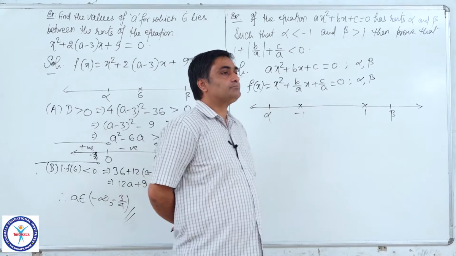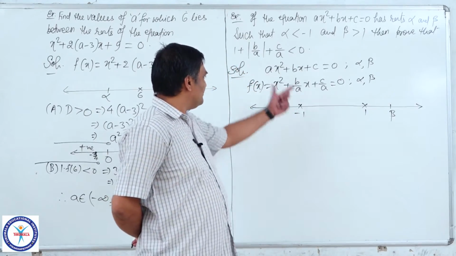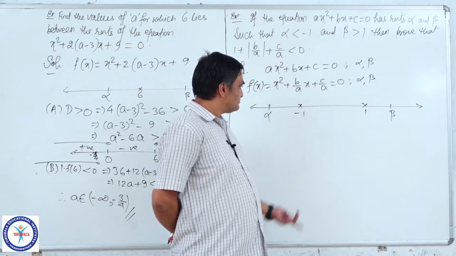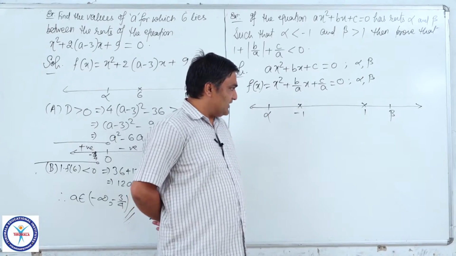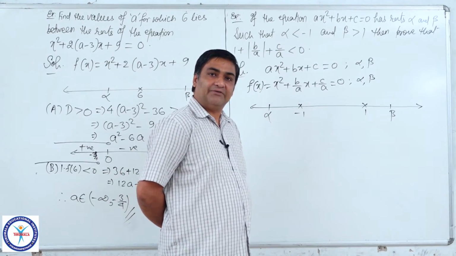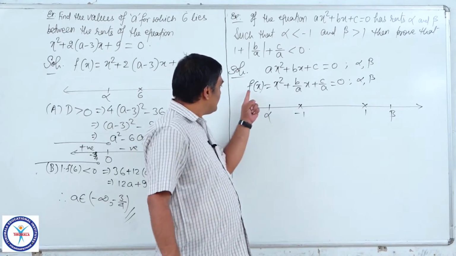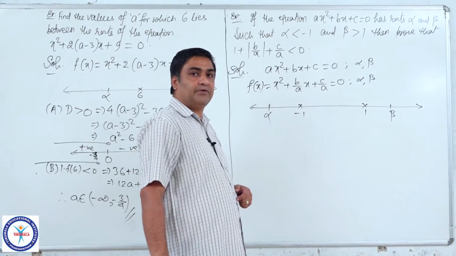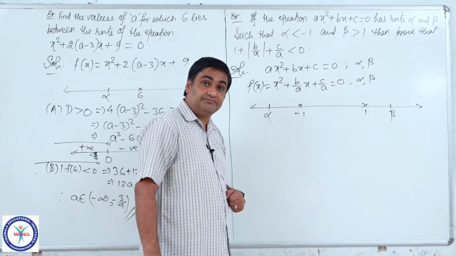So, D should be greater than 0 and like that. You immediately realize the case, isn't it? Now, what is the coefficient of x square in f of x? Positive.